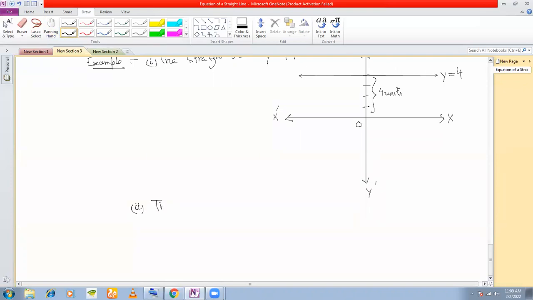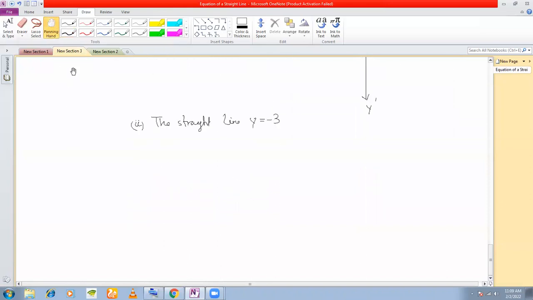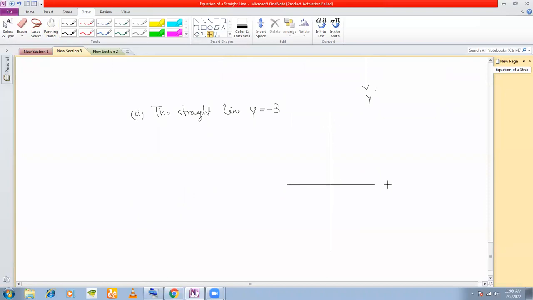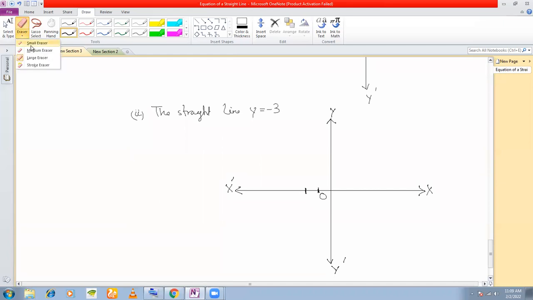let's say the straight line y is equal to minus 3. Okay, how we are going to draw this? So if you see y is equal to minus 3, you take 3 units in the negative direction of y.